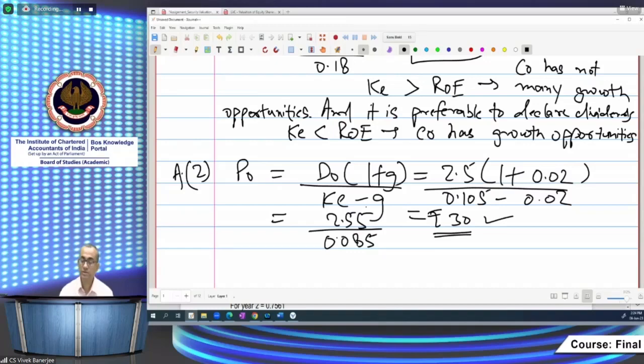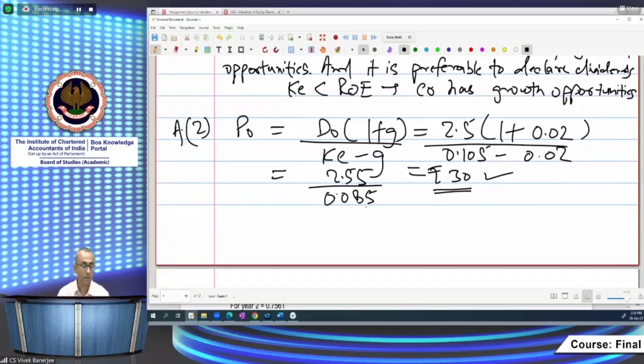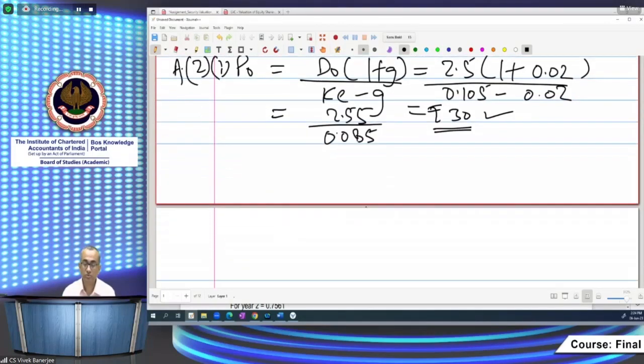So 30 rupees is the answer. It is the present value of future dividend discounted at the discount rate of 10.5%. So in this question, this is the first part. We now have to calculate the second part of question number 2 of the assignment.